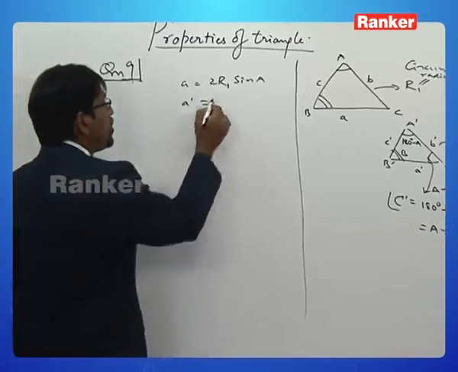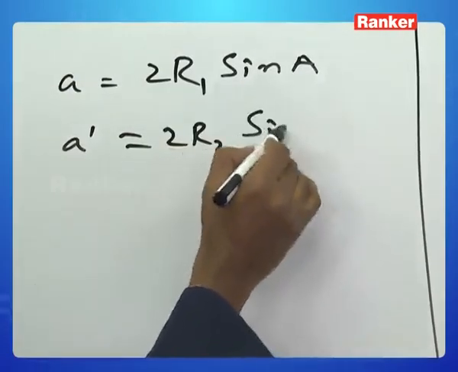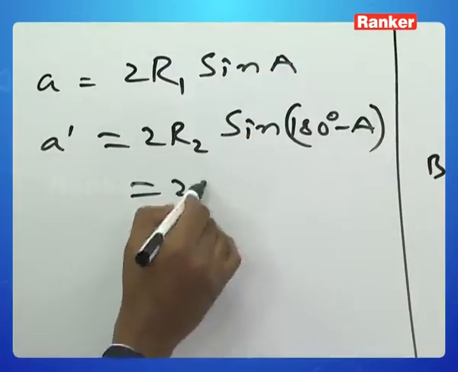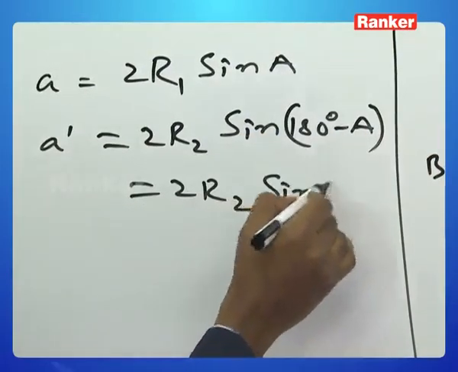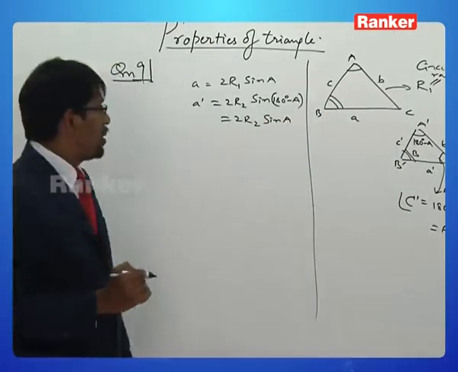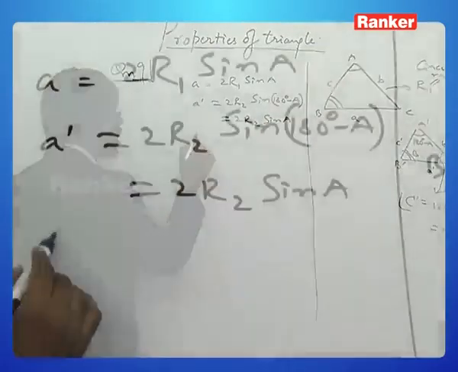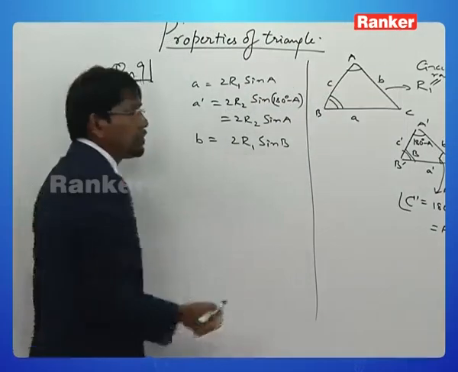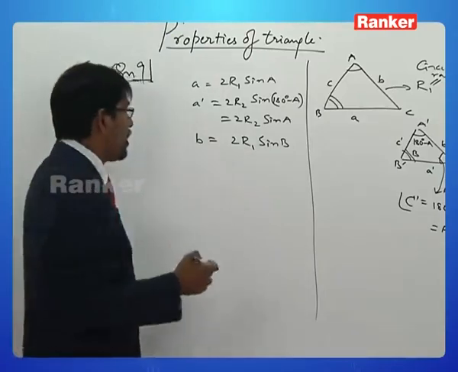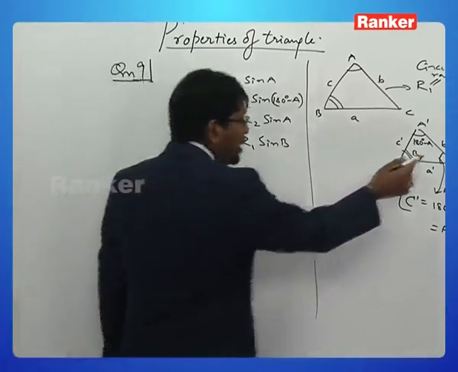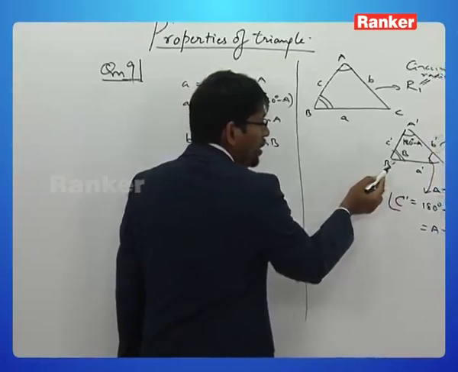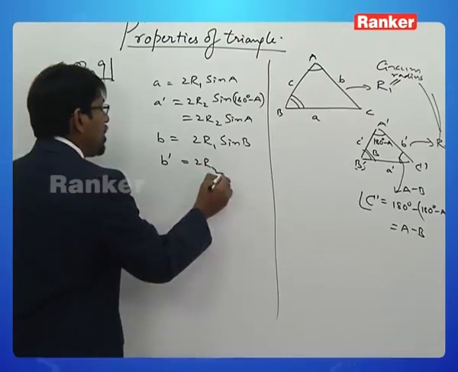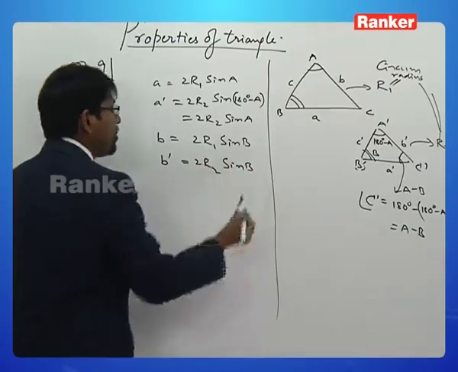Let's call it 2R2 sine of 180 minus A. That's again sine A only. So that is 2R2 sine A. What about b? 2R1 sine B. And what about b dash? b dash is the side opposite to angle B dash, which is same as B. So that is 2R2 sine B dash, which is nothing but sine B again.